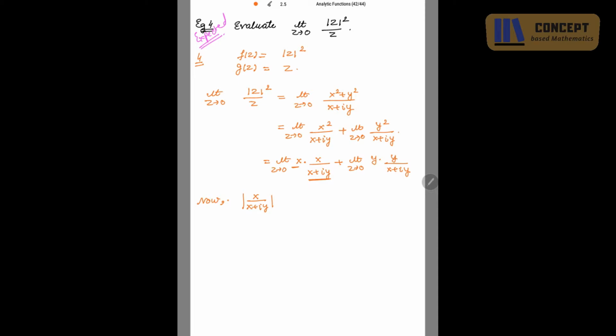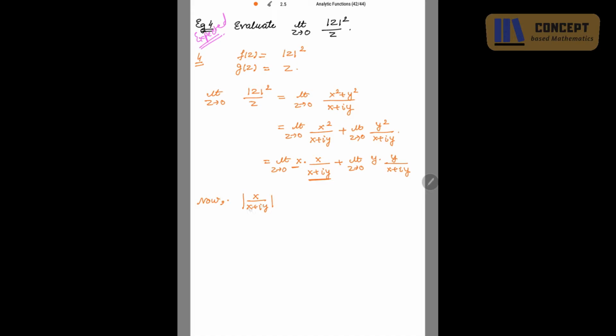Before calculating the limits for these two functions, I have to prove the second function to be bounded, and the first function's limit as z tends to 0 should come out to be 0. Then we take the limits for the product of the two functions.